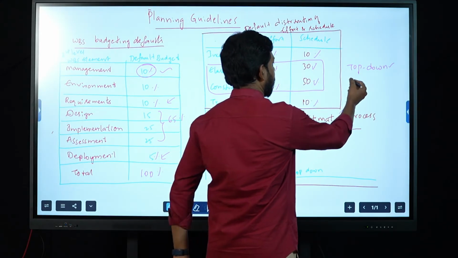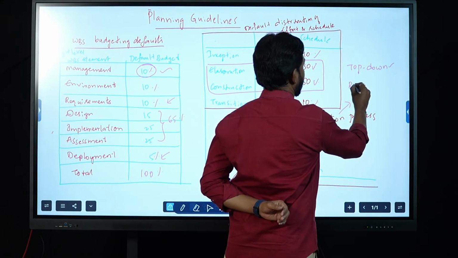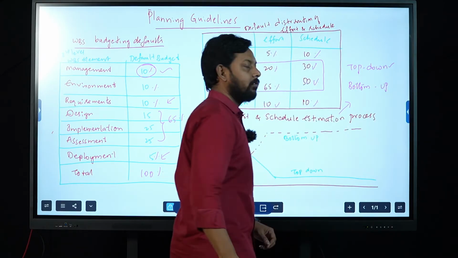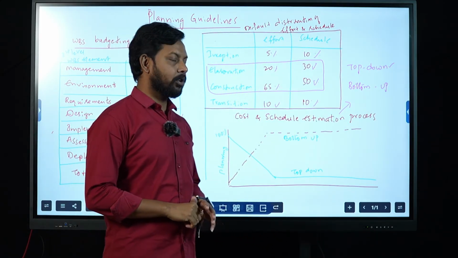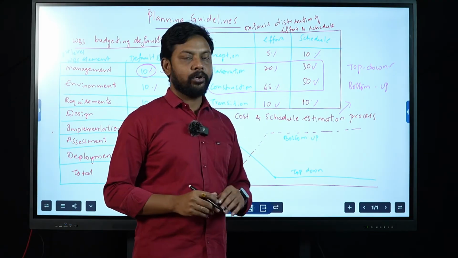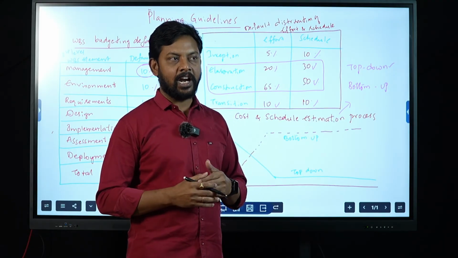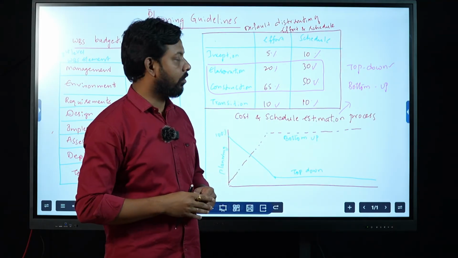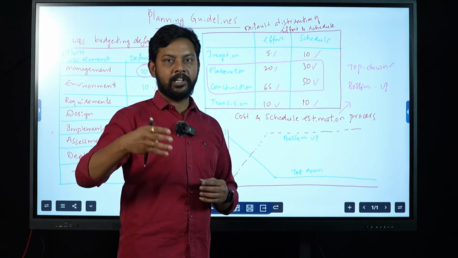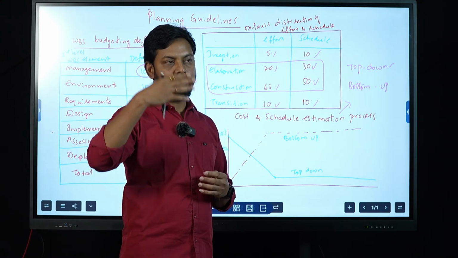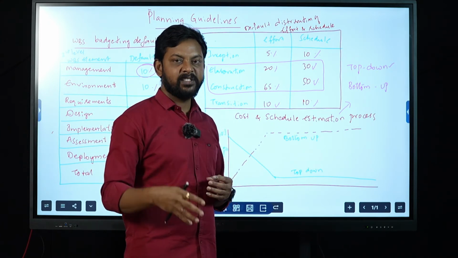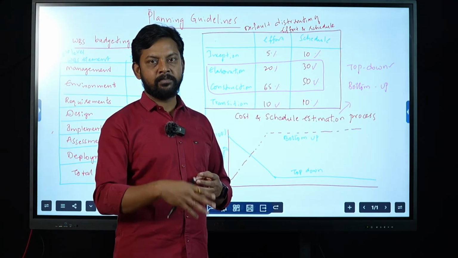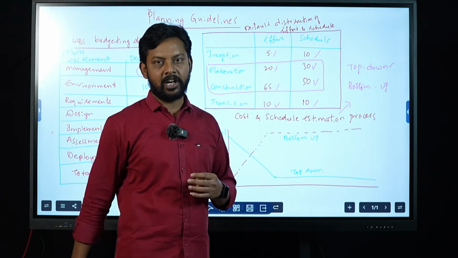The second approach is your bottom-up approach, which is also called your backward approach. So what is this bottom-up approach going to do? It is initially going to start with what should be the final outcome of your project, or what the final project should look like. Then it will divide that final project into the major milestones, and these major milestones are now divided into minor milestones, and based on these minor milestones your requirements will come into picture.